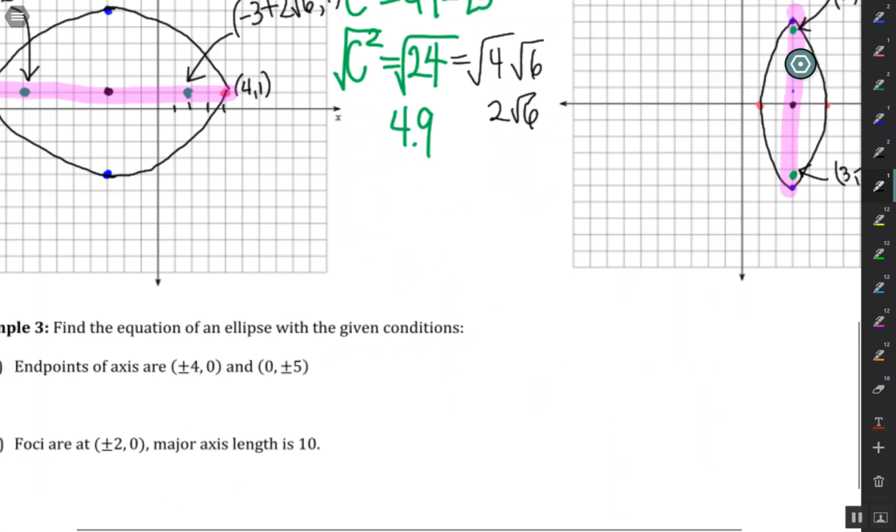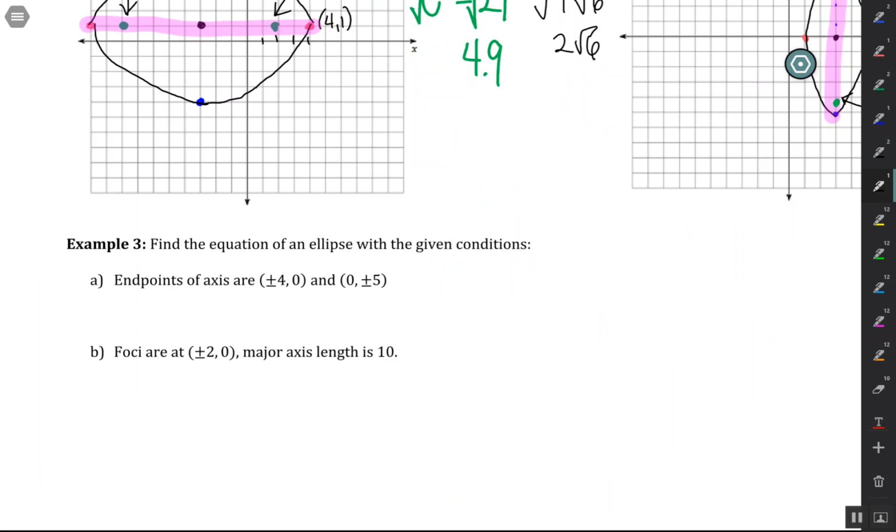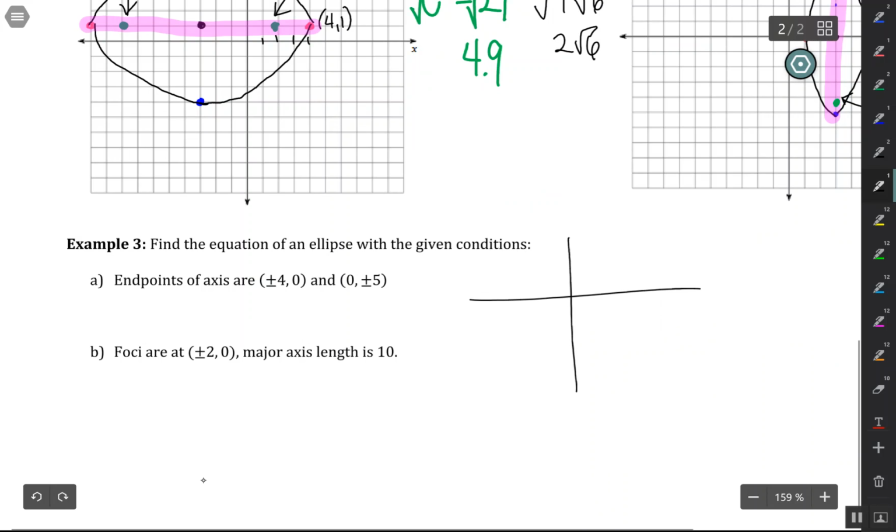Let's work on finding some equations. So find the equation of the ellipse with the given conditions. The endpoints of the axes are plus and minus 4, comma 0 and 0, comma plus or minus 5. So the first thing you're going to want to do is sketch this. So 1, 2, 3, 4, 1, 2, 3, 4, 5.